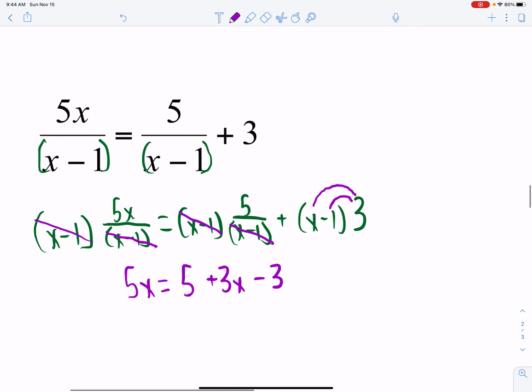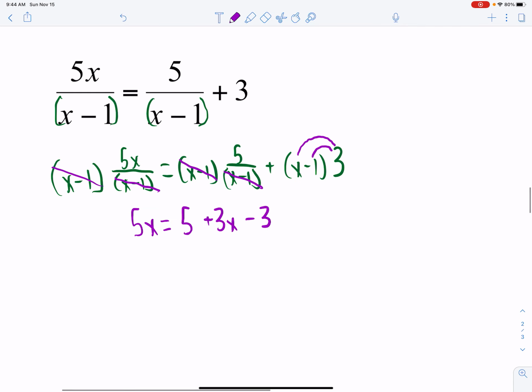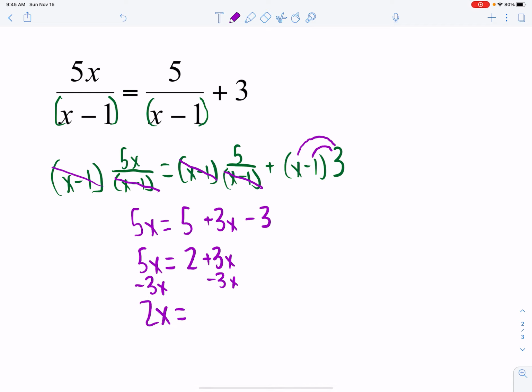So we combine like terms on the right side, and we would have 5x equals 2 plus 3x. Then we subtract 3x from both sides, and we have 2x equals 2. Divide both sides by 2, and we get x equals 1.